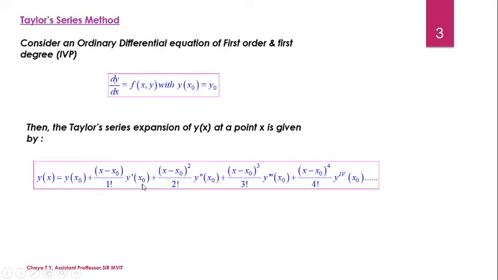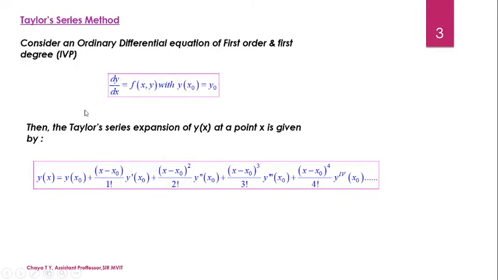Now when I observe the second term, I need to find y dash of x naught, y double dash, y triple dash, plus etc. values, which can be obtained by considering successive differentiation of the given expression. So we consider the given expression, dy by dx is equal to an expression in terms of x, y, generally written as f of x, y.